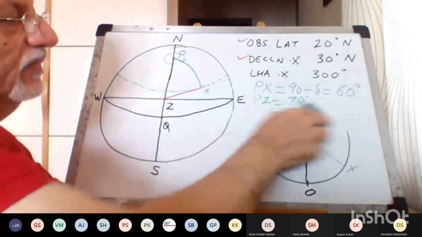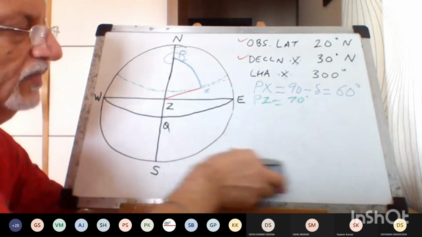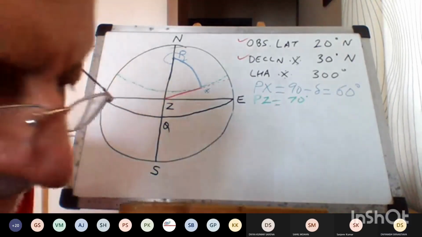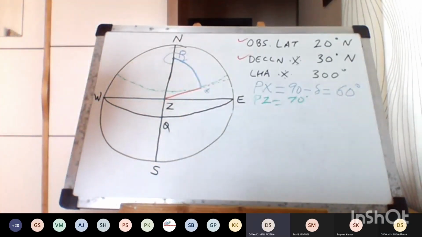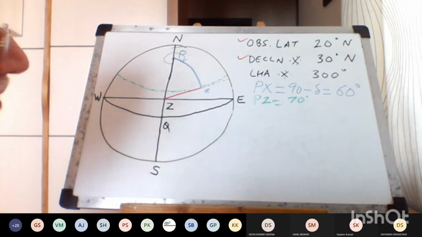At this point of time, what is the azimuth? As a definition, what is the azimuth? Does anyone know? Sir, 120 in this case. No, you have to name the angle only. Angle PZX, sir. Angle PZX. Very good.